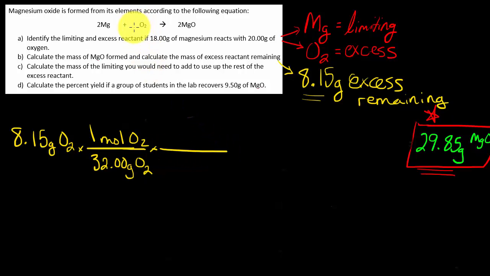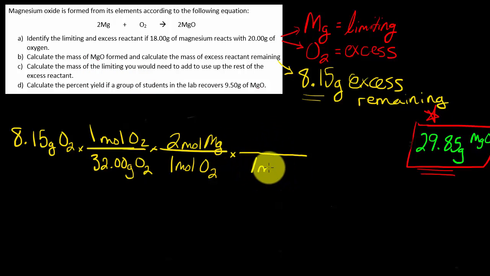Our balanced equation tells us that 1 mole of oxygen reacts with 2 moles of magnesium. So that's what we'll put here. 1 mole of oxygen will react with 2 moles of magnesium. But remember, it asks for the mass of limiting reactant, so the last step here is just another mole to mass conversion.